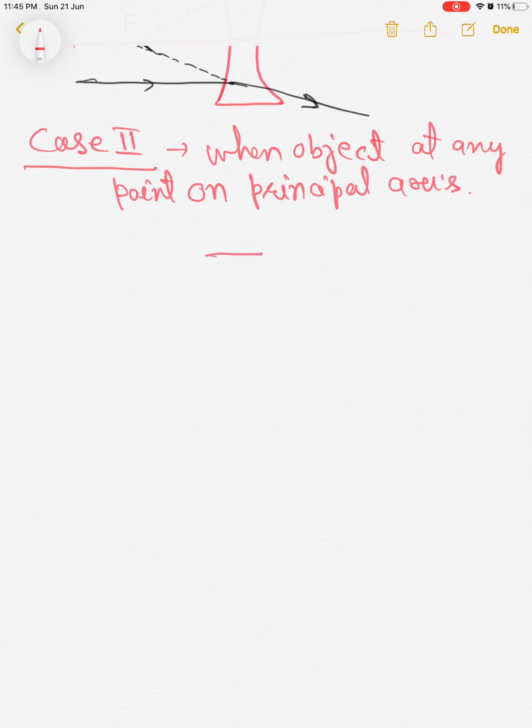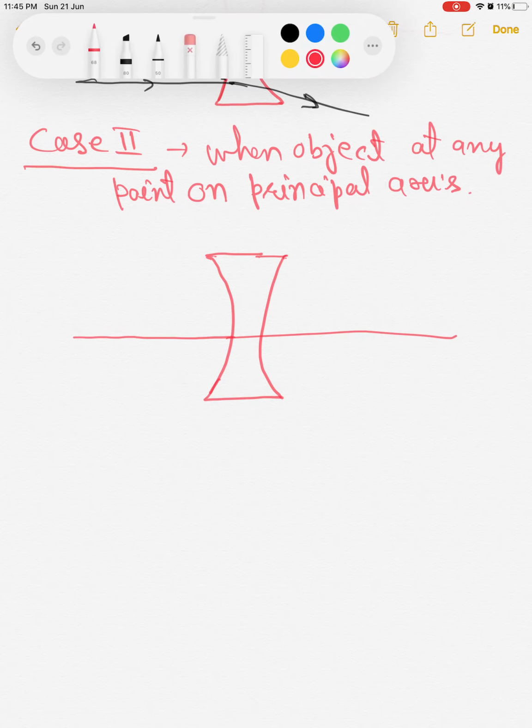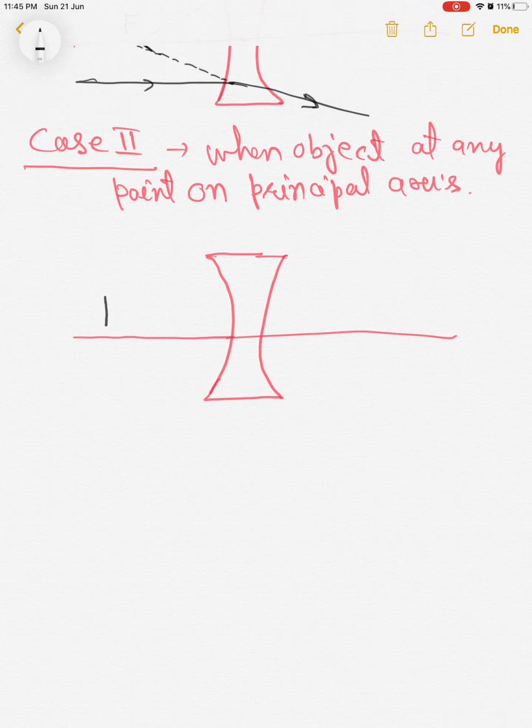So, first we will draw a concave lens. Make the principal axis. Now, the object is at any place.